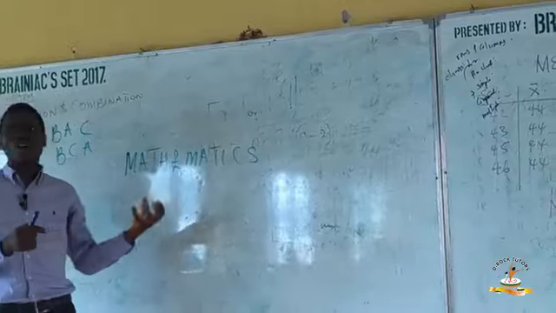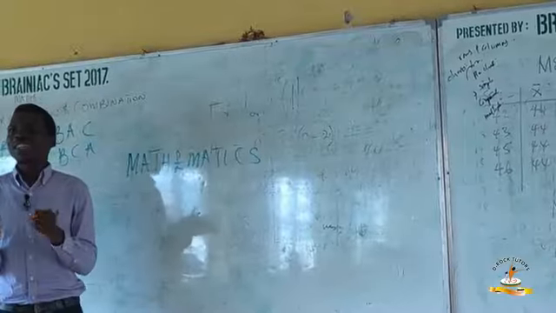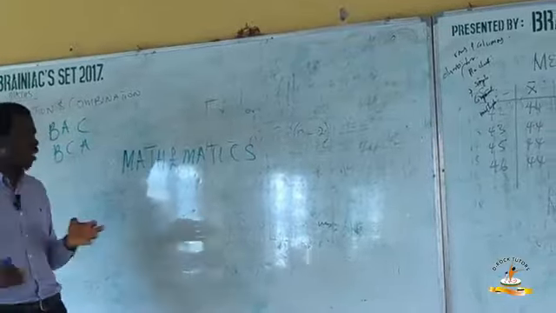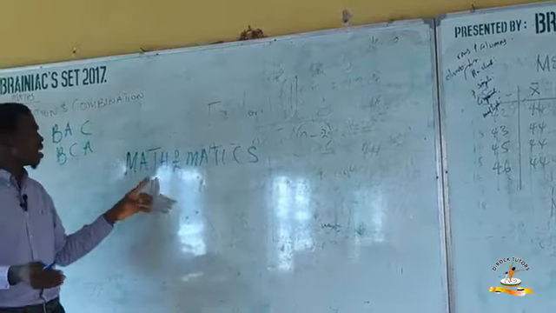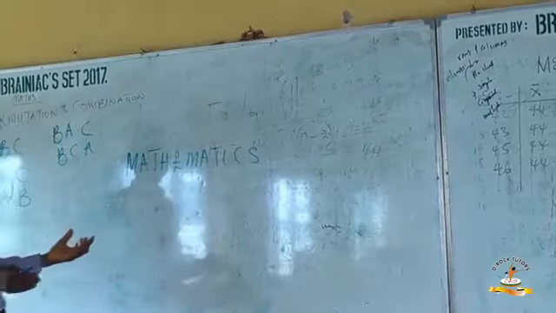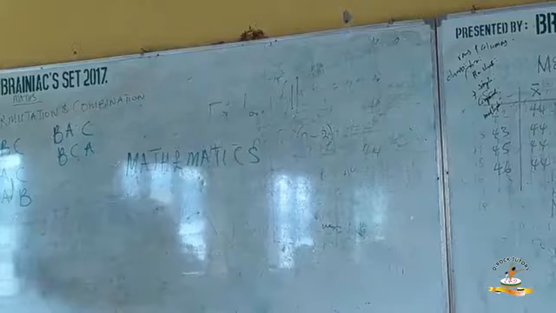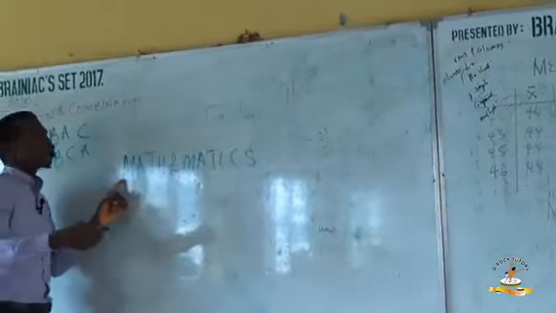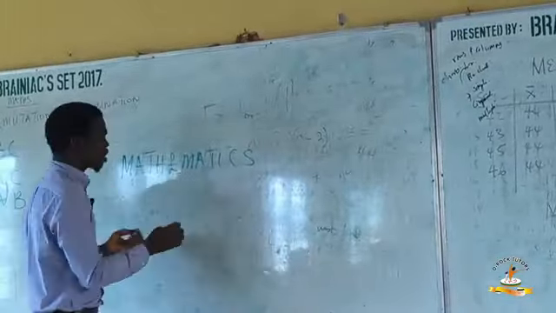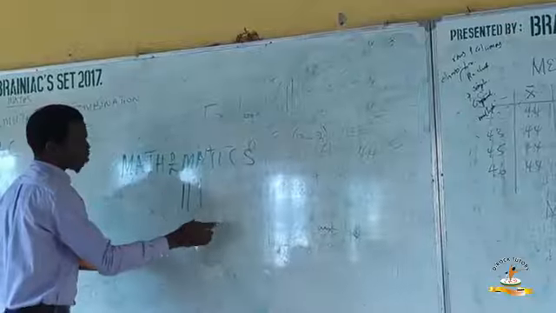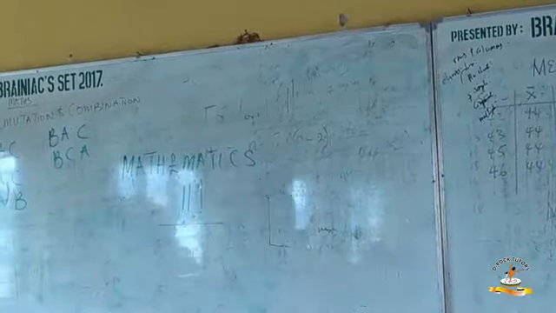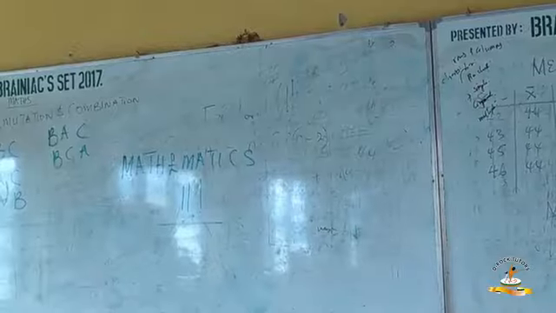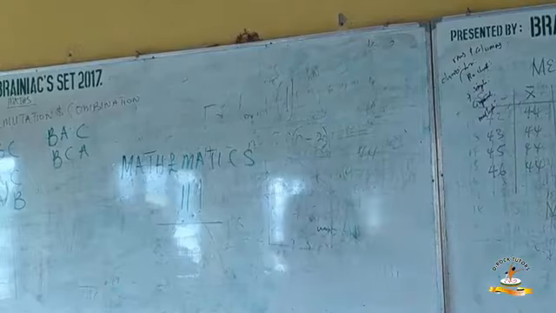So we pick all the letters that are the same separately. Apart from M, T also comes twice, A comes twice, and I think that's all. So you say the number of the letters, which is 11, then you put factorial at the back, divided by the factorial of the number of times the letters repeated.